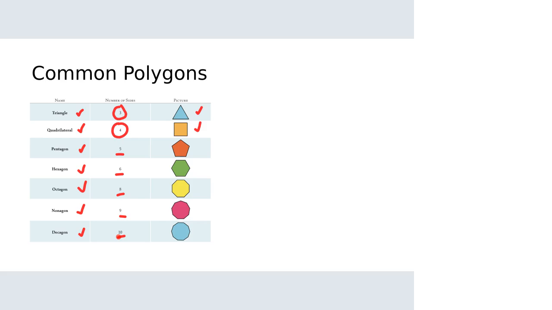I will say once we get past decagon, our creativity kind of goes out the window a little bit. If we had a 14-sided figure, we would just call it a 14-gon. If we had a 22-sided figure, we'd just call it a 22-gon. So these Latin prefixes work really well. Once we get to 10, we kind of let those go.